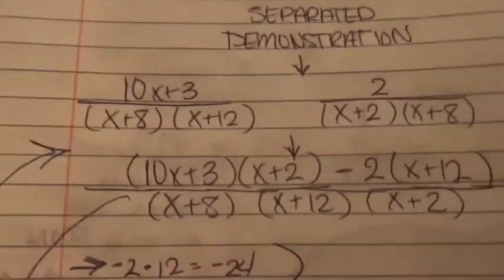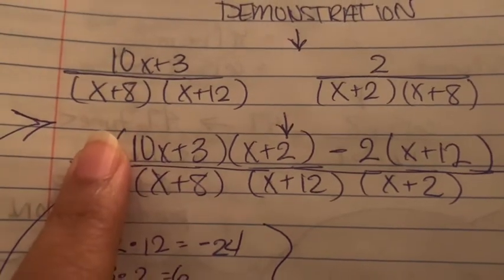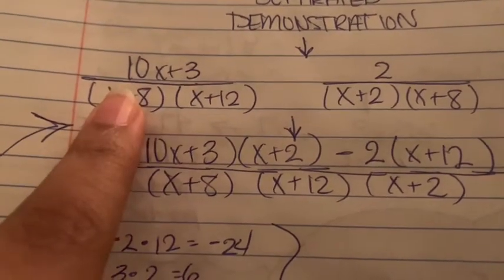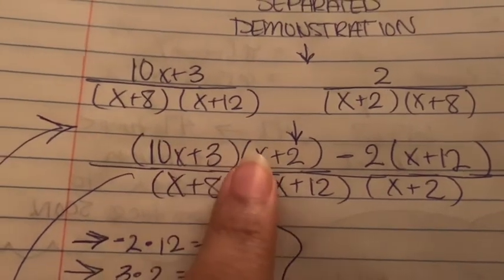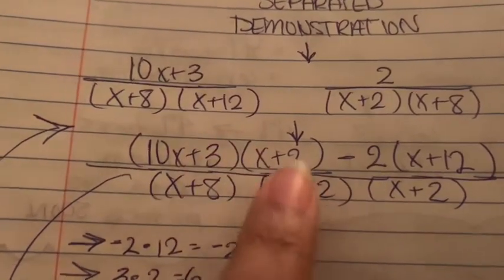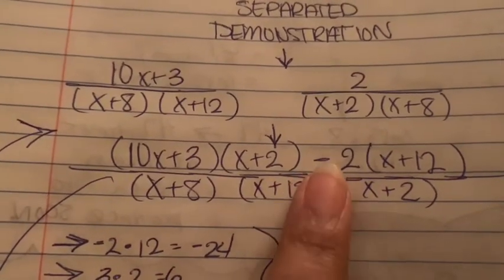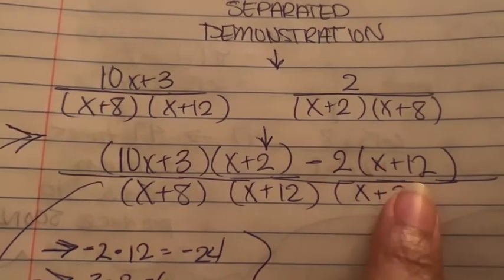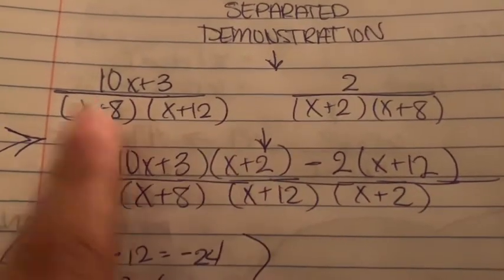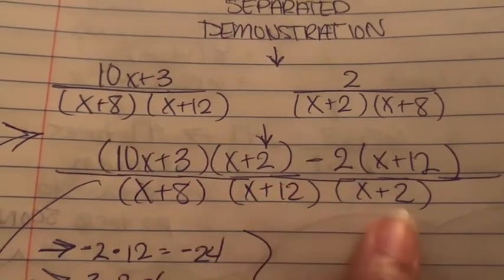From there, I put everything together of what I was going to multiply. So I put 10x plus 3 multiplied by x plus 2, subtracted by 2, multiplied by x plus 12 over the same number, so x plus 8, x plus 12, x plus 2.